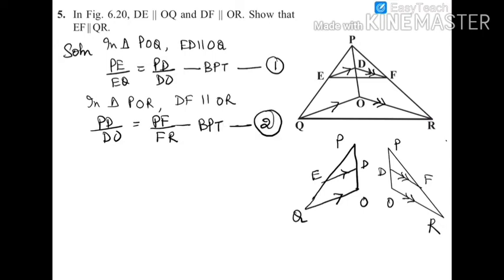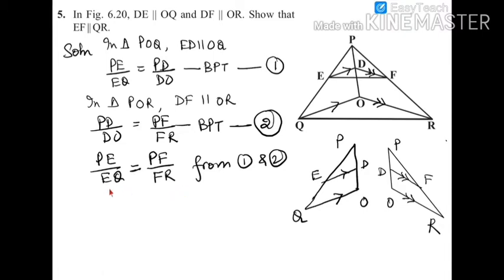Mark this result as 2. Now compare the results of 1 and 2. We have an equal quantity PD upon DO in both the equations. So we can say that PE upon EQ is equal to PF upon FR.